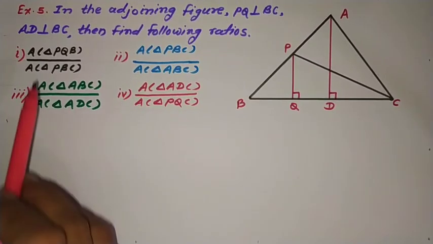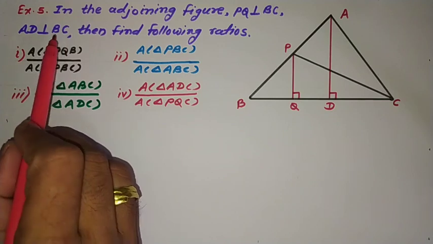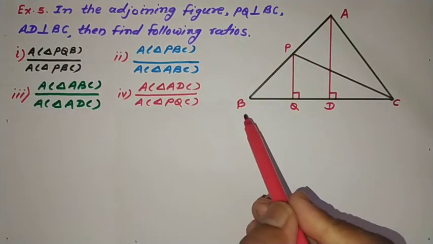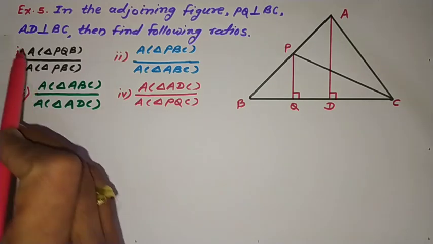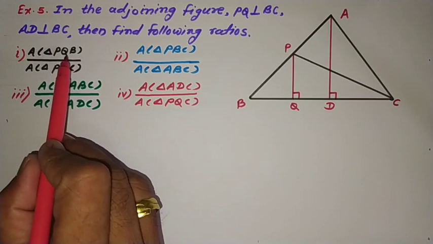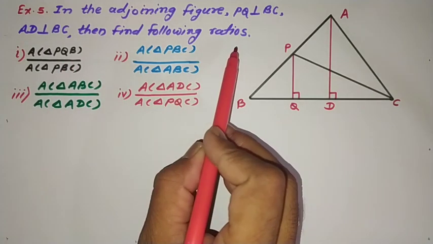Let's see example number 5. In the adjoining figure, PQ is perpendicular to BC and AD is perpendicular to BC. Then find the following ratios.